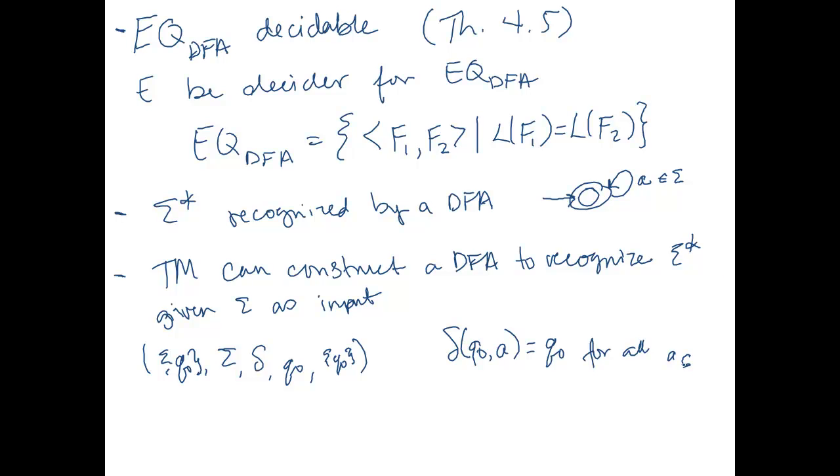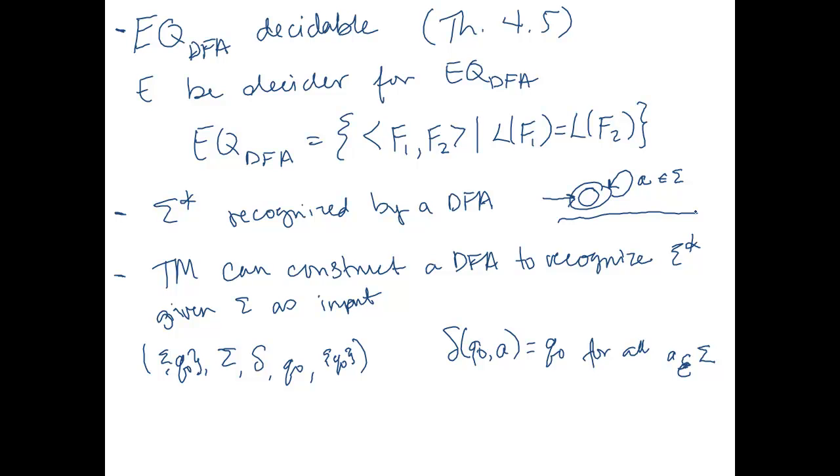This pen is really bad, sorry guys, I can't fix that. So we could algorithmically define this transition for each symbol in sigma, given that I have sigma as input, and then this would be a description of this machine I've created up here, and we can convince ourselves that a Turing machine could do this.